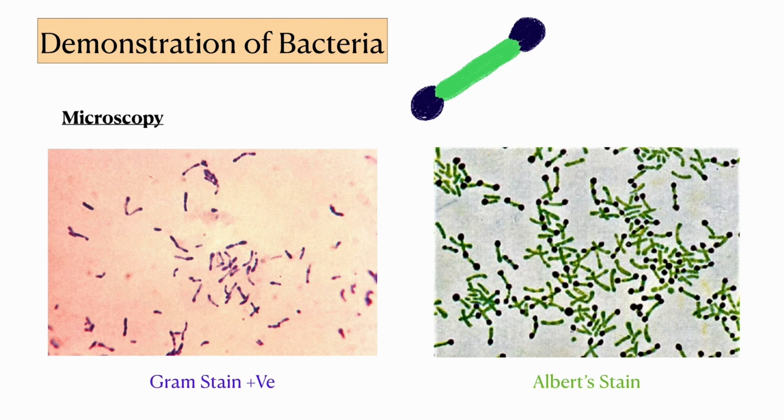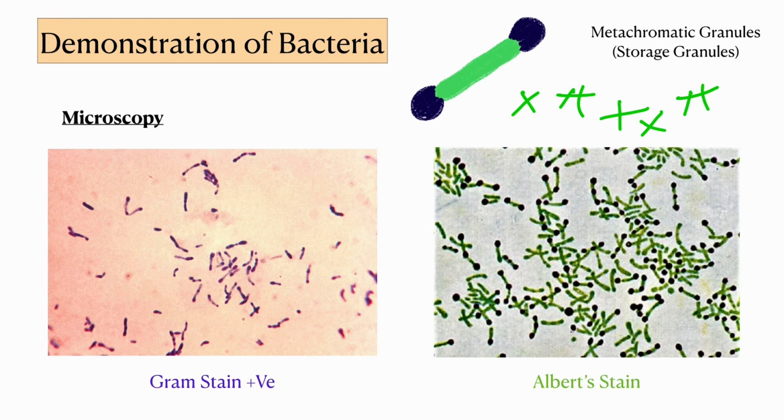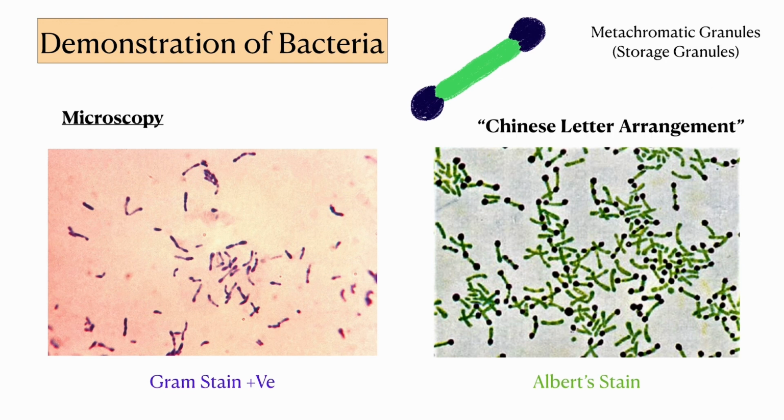Now these are not spores, remember, these are metachromatic granules, which are just storage granules. You can also see that these bacilli under Albert stain are arranged in a very randomized fashion, just like this. What language can you relate it to? It looks like Chinese, right? So it is what we also call the Chinese letter arrangement. So this is all about microscopy.